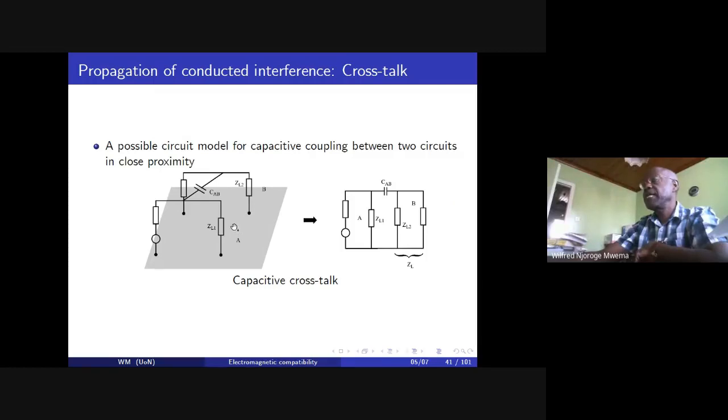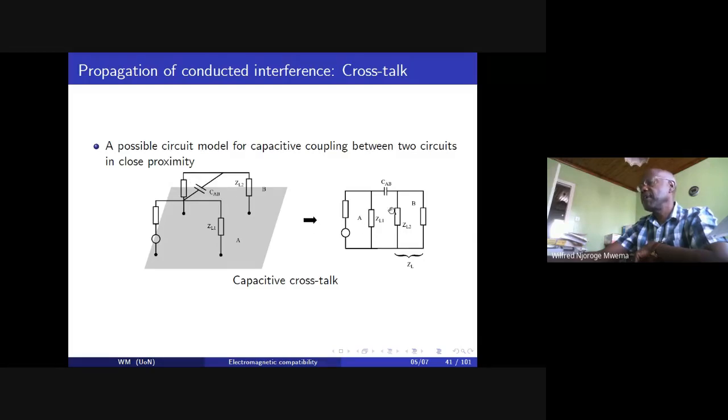Say, for example, you have a digital circuit A and an analog circuit B, but because they are very close together and at different potentials, we have a capacitive effect. And that will give us a coupling capacitance CAB.